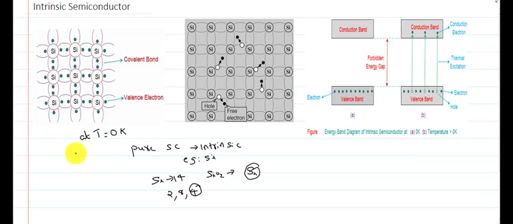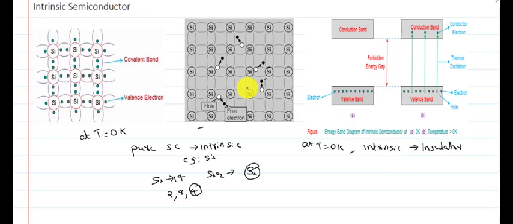At T equal to 0 Kelvin, the intrinsic semiconductor will act as an insulator. That is an important point. Since there are no free electrons, it will act as an insulator.